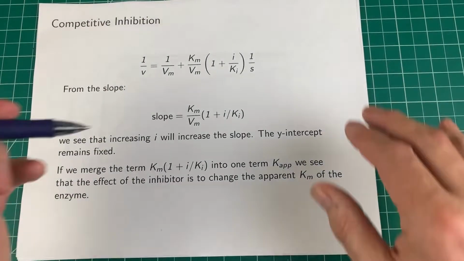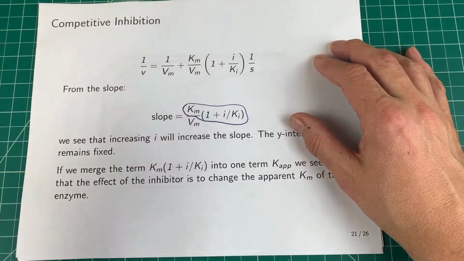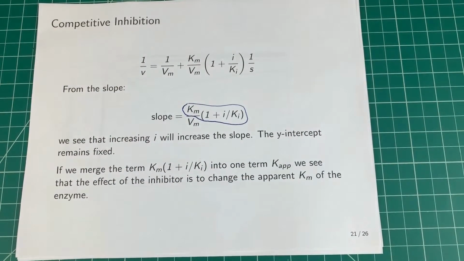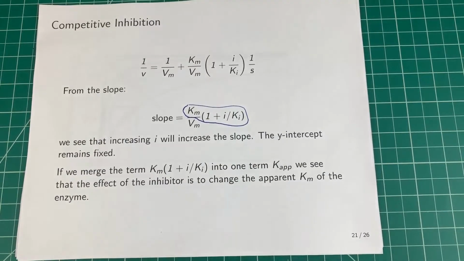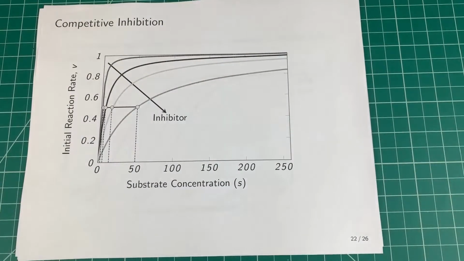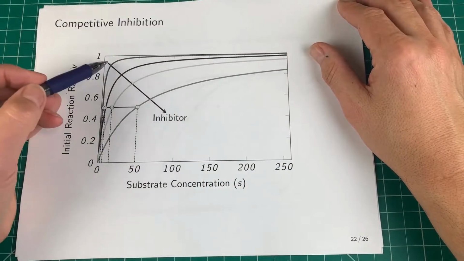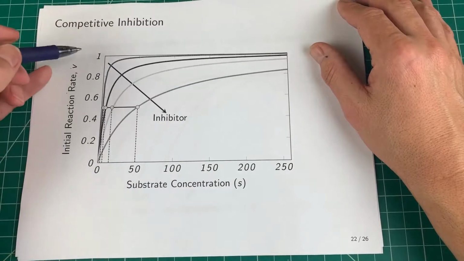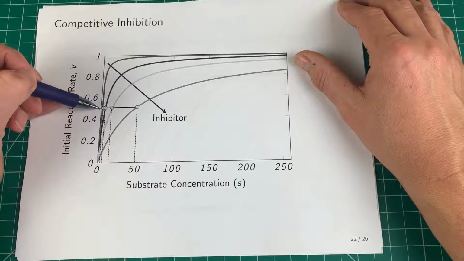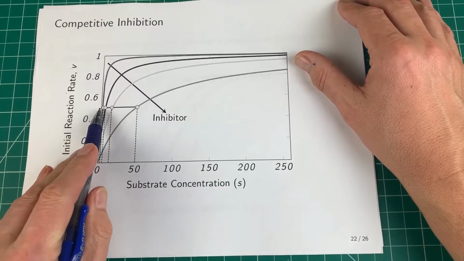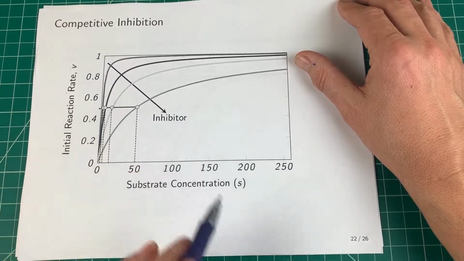Now you can also look at this piece here as a sort of super Km. We don't call it a super Km, we call it an apparent Km, okay? And you saw this plot before, where I plotted the rate against the substrate concentration at different levels of inhibitor. If you recall, at half the maximal rate, so that's here, if I take that and draw a line right across the curves, every time they intersect, that's the Km for that curve.